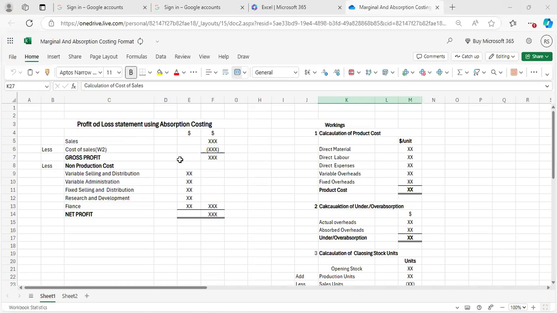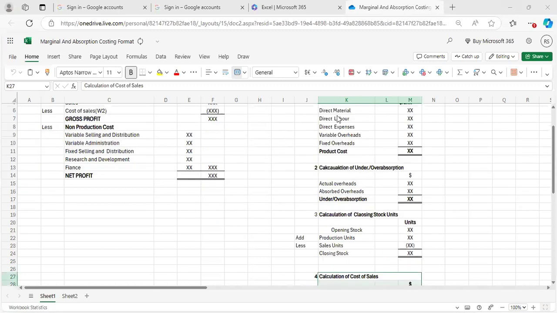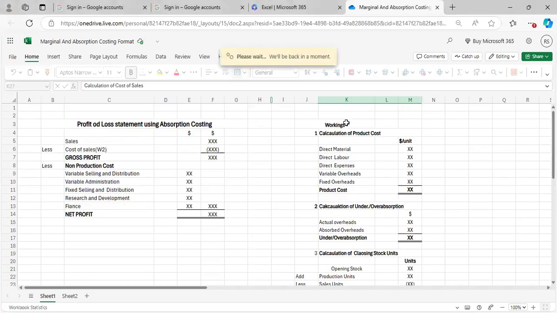Profit and loss statement using absorption costing. The most important part is the working. Working is the calculation of product cost. First, you have to calculate the product cost. Product cost includes, as we just discussed, all the elements: direct material, direct labor, direct expenses, variable factory overhead, and fixed factory overhead absorbed. This is your product cost.